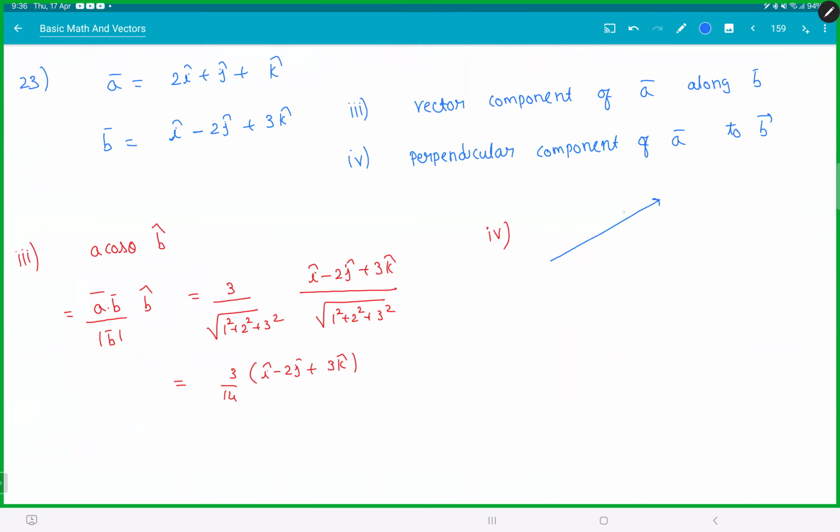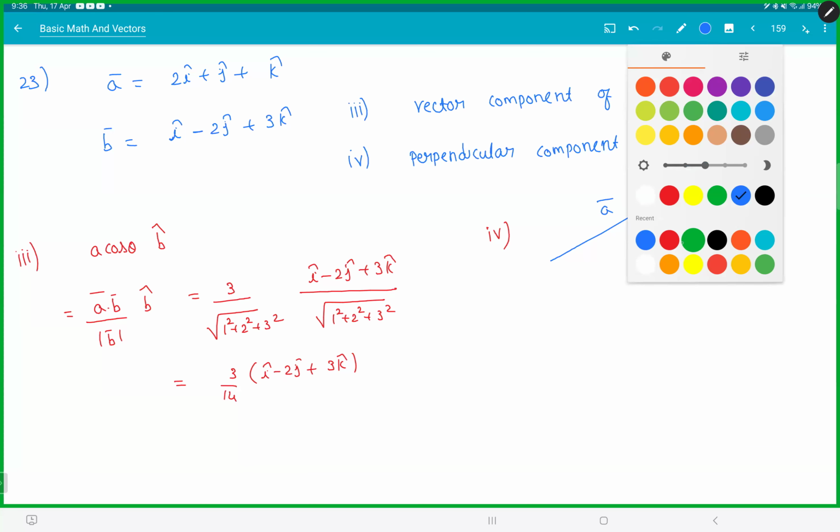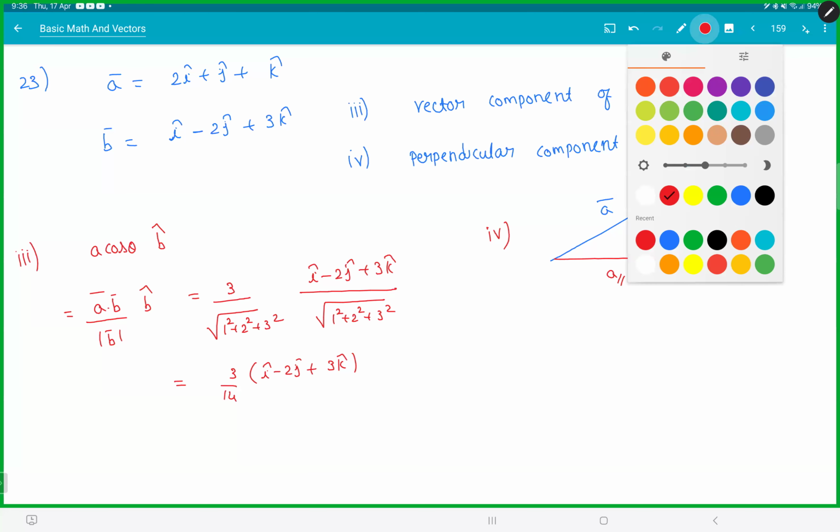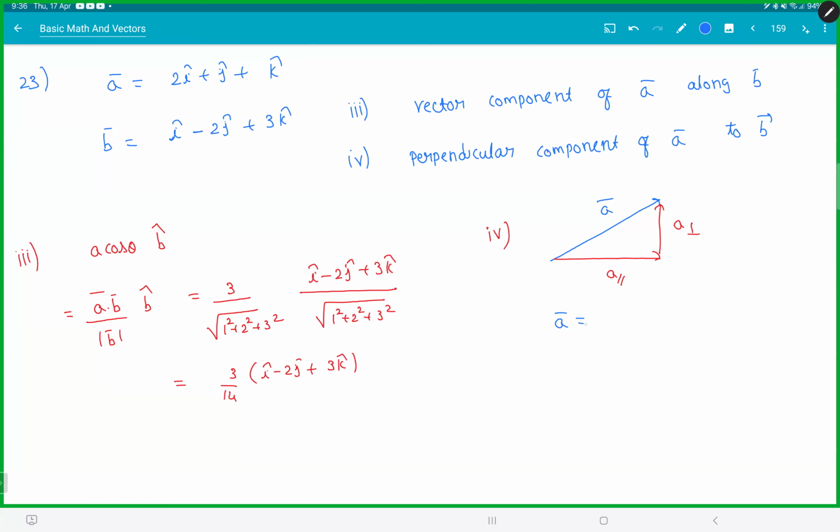Any vector a bar can be split into two parts: the a parallel component, that is your shadow, and the a perpendicular component. Agreed? So I can write any vector a bar as a parallel plus a perpendicular. So if you remember this thing, you're done actually. This is only the a parallel component, isn't it? So a perpendicular is nothing but a bar minus a parallel.